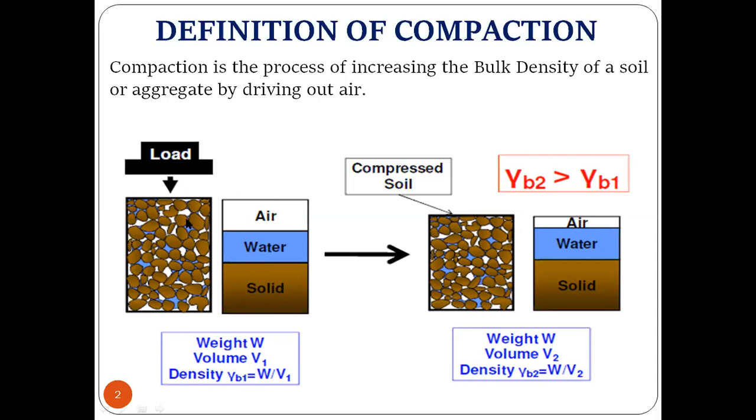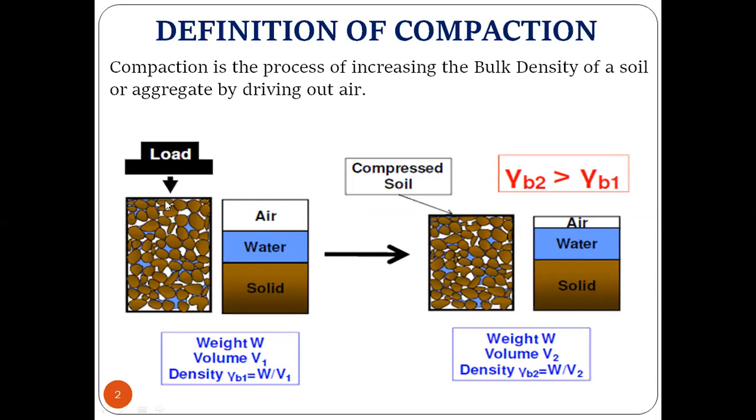When load is applied on this soil, whatever air is there in the voids will expel out. While applying the load, we also spray water into it so that the soil becomes softer and we can get a good, denser soil.